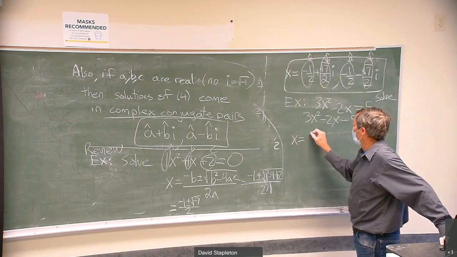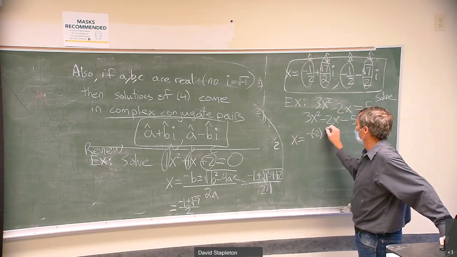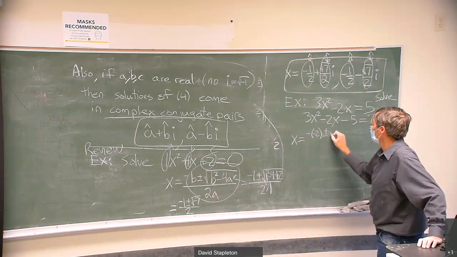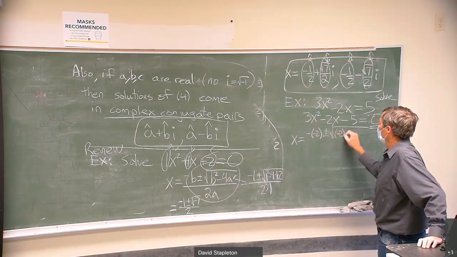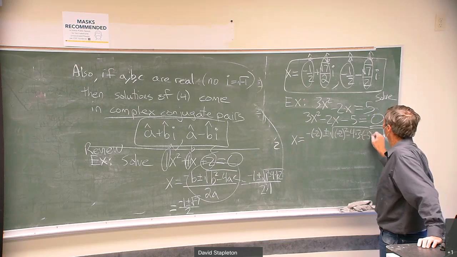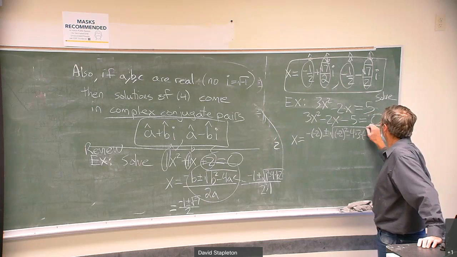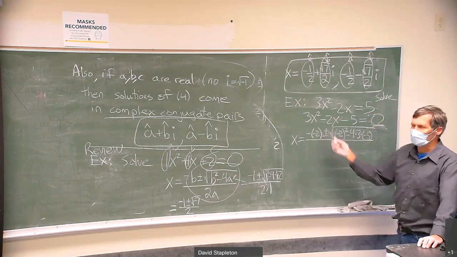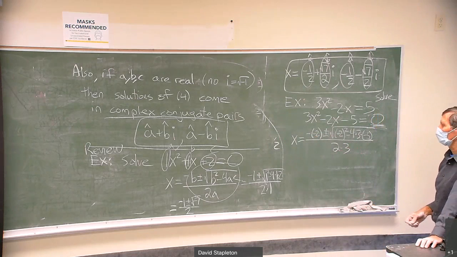It always works. So I'll put minus b, minus a -2, plus or minus, just using this formula, square root of b squared minus 4 times a times c, all over 2a. There's a solution just like that. You just write it down from the formula. See why it's such an important formula?